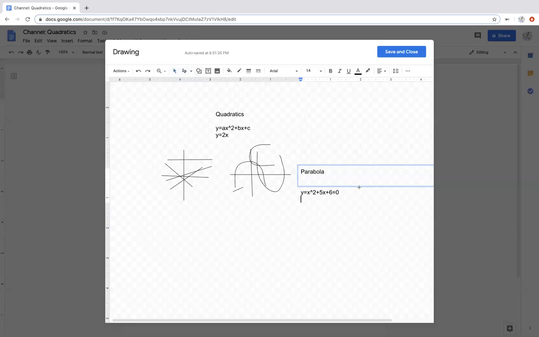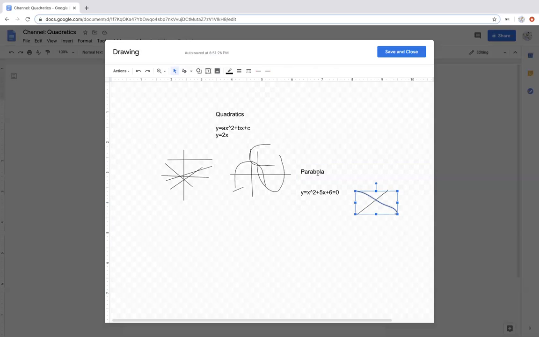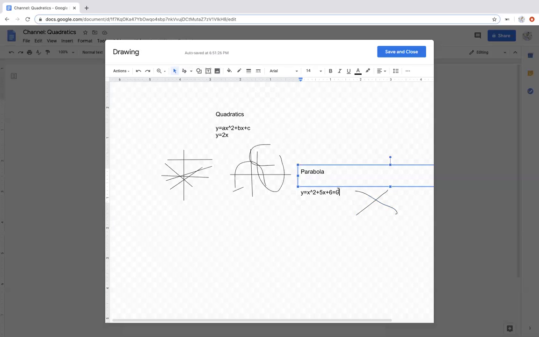So you would use a method called the Parallelogram Method. I'll show you. So you would do that. And then over here, you would write B and C. So in this case, B and C would be 5 and 6.